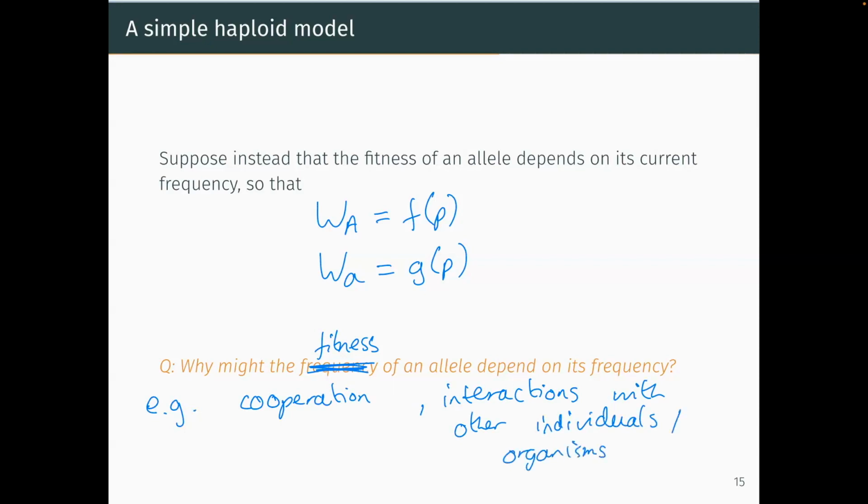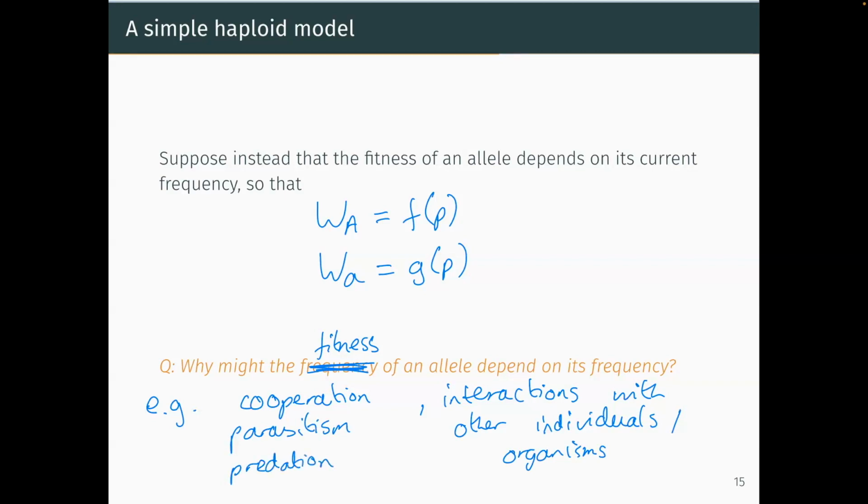Now, these interactions could be direct, they could be indirect. So a direct interaction might be something like you're cooperating together to do some hunting. Indirect might be something related to other organisms, so it could be something like parasitism or predation.